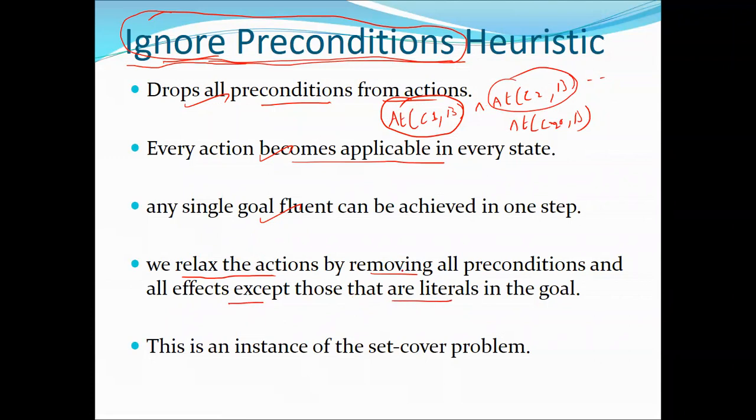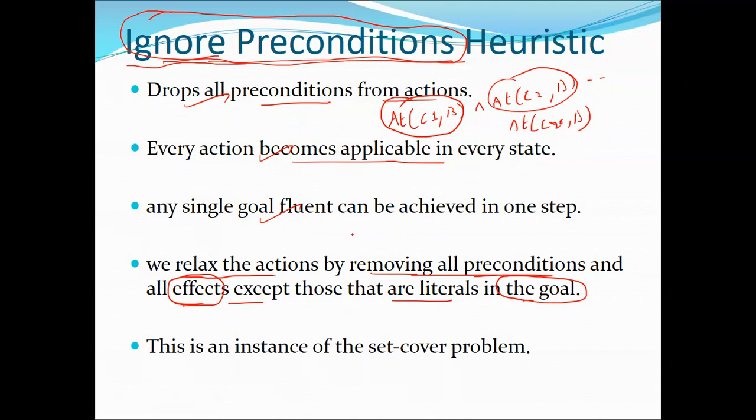So we are not only relaxing the precondition, but also the effects. Effects also we are ignoring. We are only bothered about the effects that are connected to the goal state, so only those effects we keep, other effects we ignore. Are you getting it?